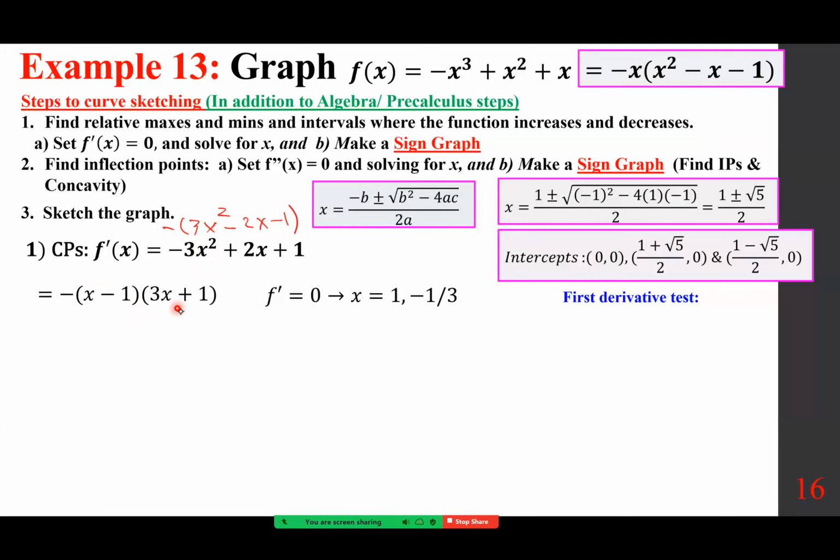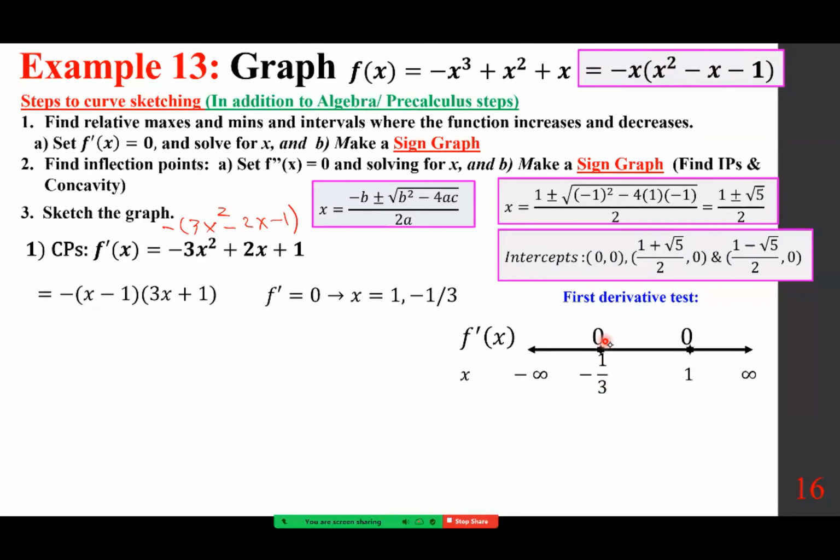And to find extrema, local max and min, we are going to do a sign graph. So here's x, here's a number line from negative to positive infinity. At x equals -1/3, f prime is 0.